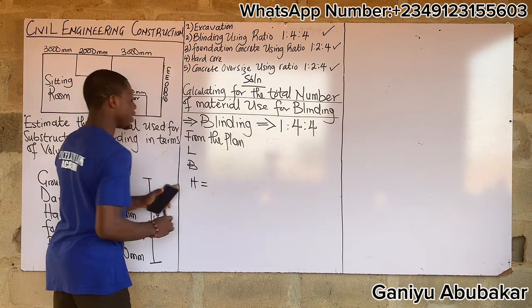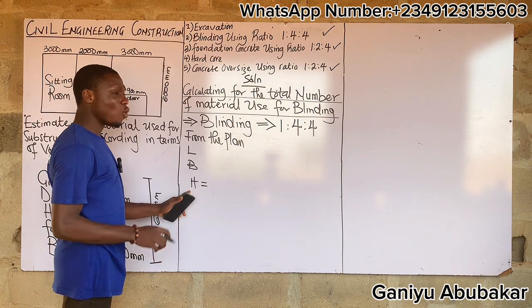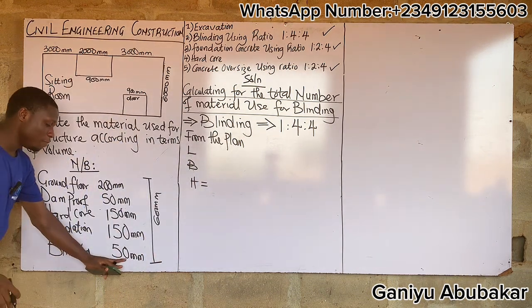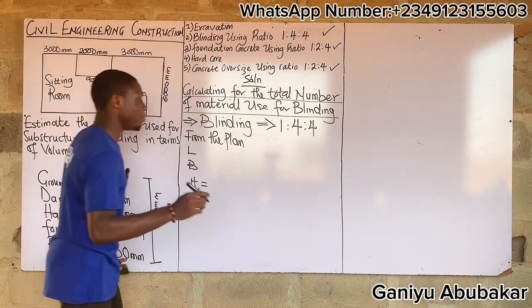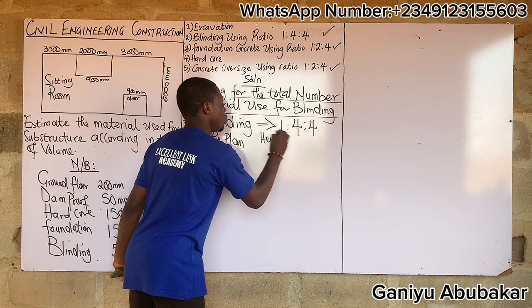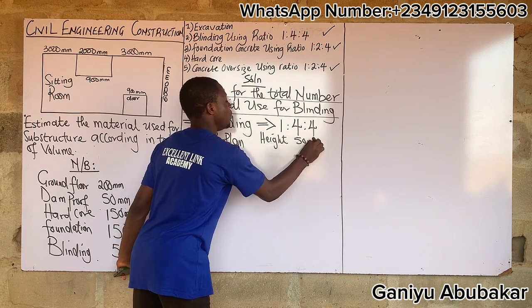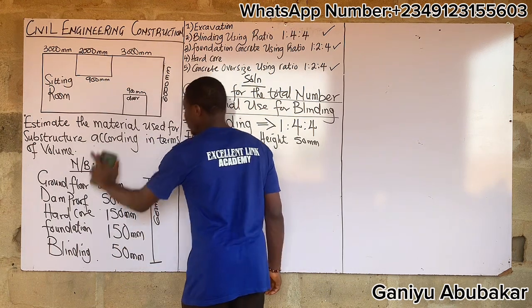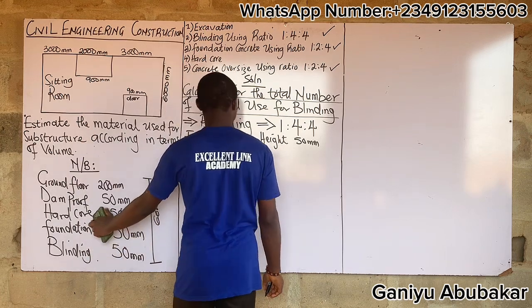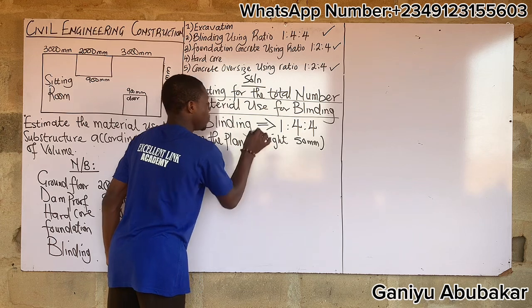So this height is not the height of the building, but the height of the blinding. So this blinding has a height of what? 50 millimeter, right? So note that, please. The height is 50 millimeter. Please know this, a constant value. Memorize it, have it in your mind, please. So this is for my blinding here.